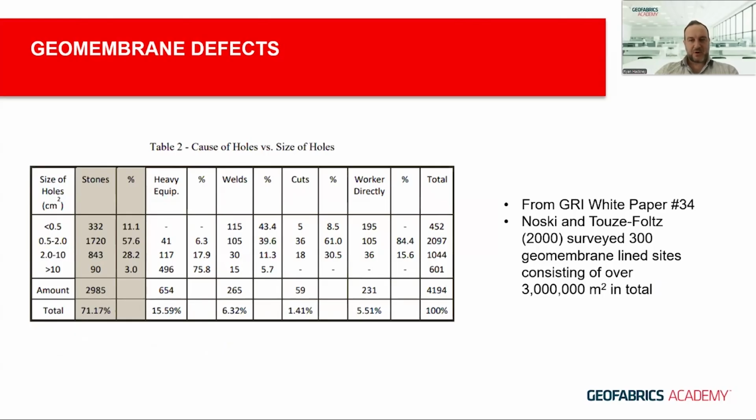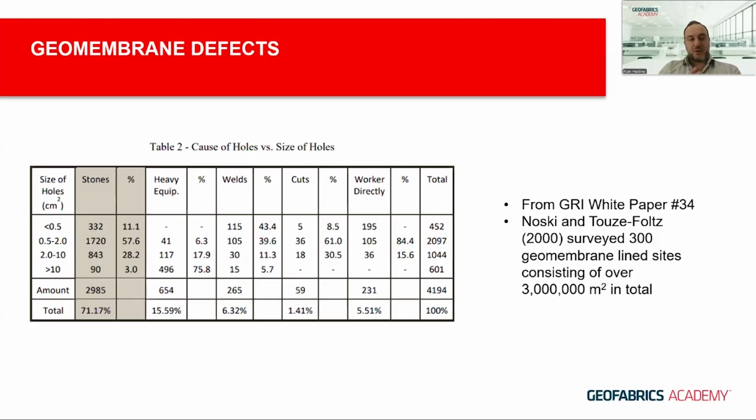And it's really a summary of a paper there, and it's based on a survey of 300 geomembrane liner sites with a total area of 3 million square meters, and it's categorized there in terms of what type of defect it is. So you've got defects caused by stones, by heavy equipment, by welds, by cuts, and directly by a worker.